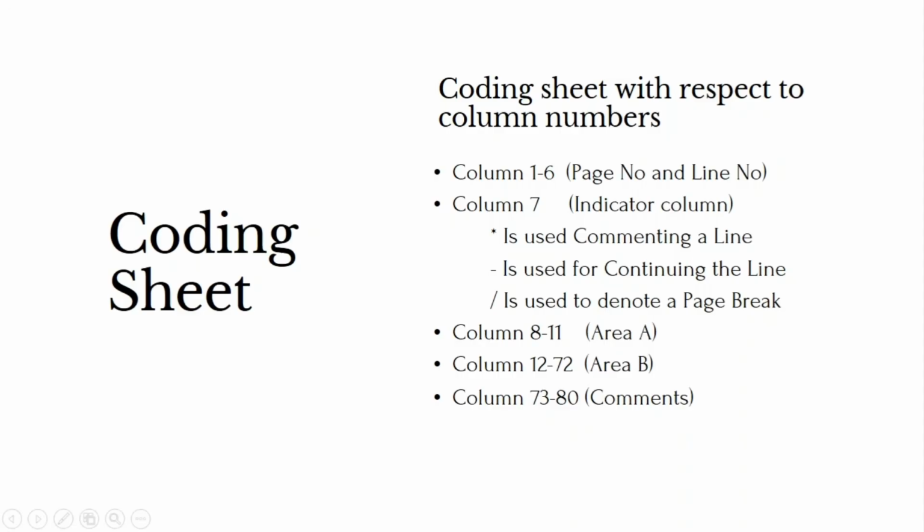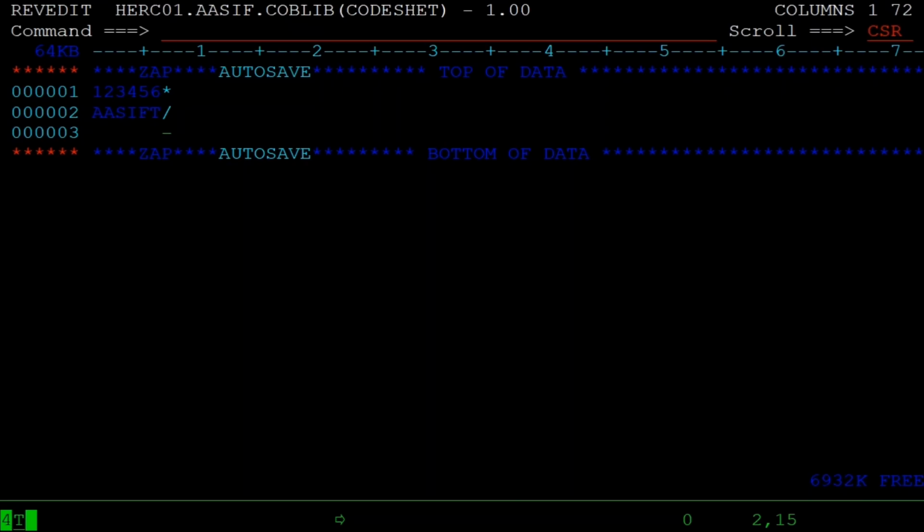Now next, columns 8 to 11 make up area A, where we can write divisions, sections and paragraphs. For example, this is columns 8, 9, 10 and 11. This is area A. In area A, we can write division, section, paragraph.